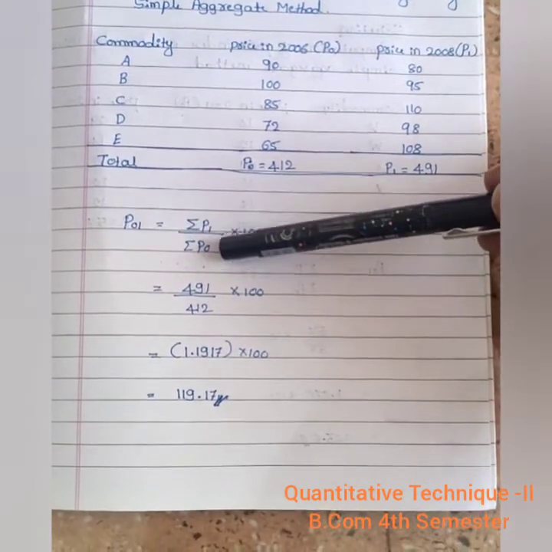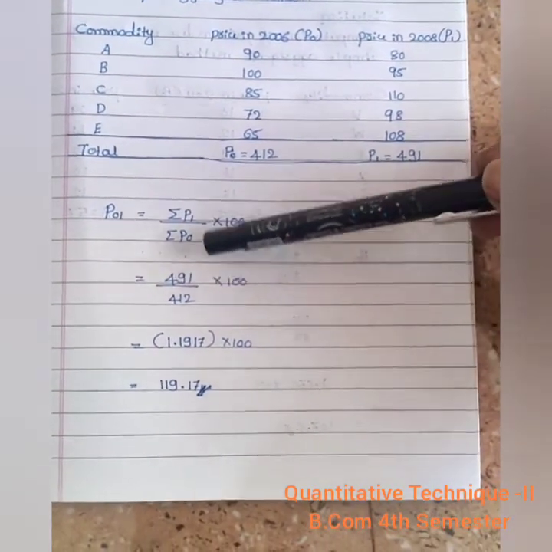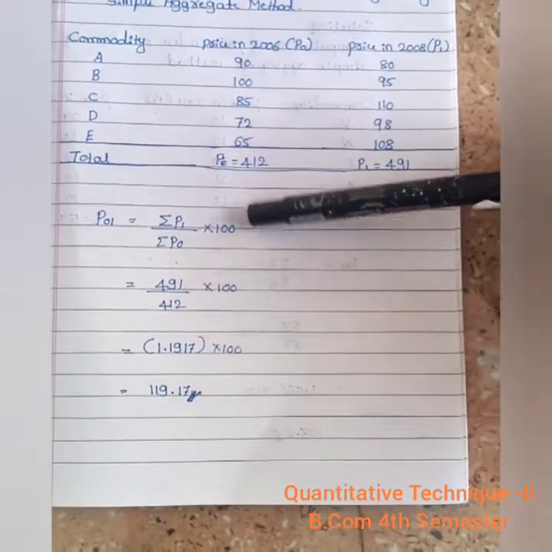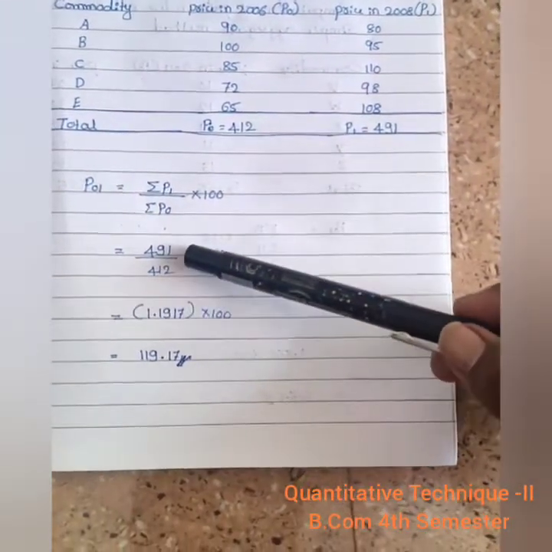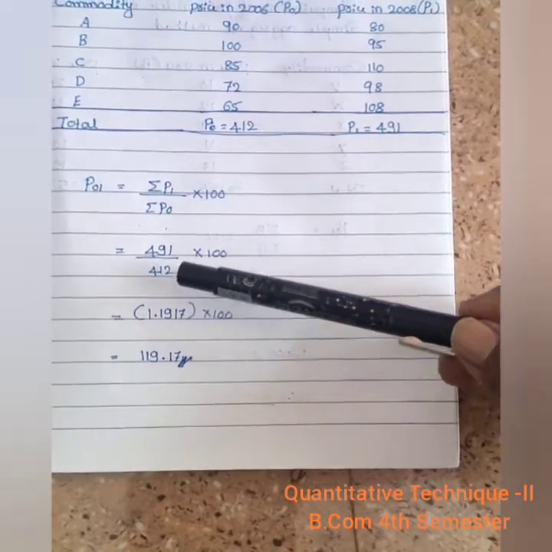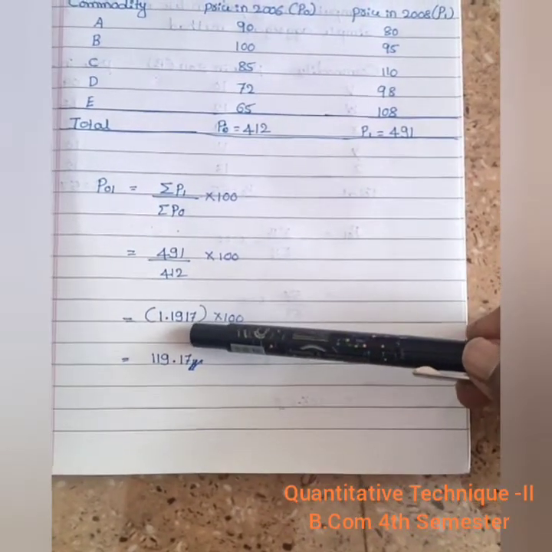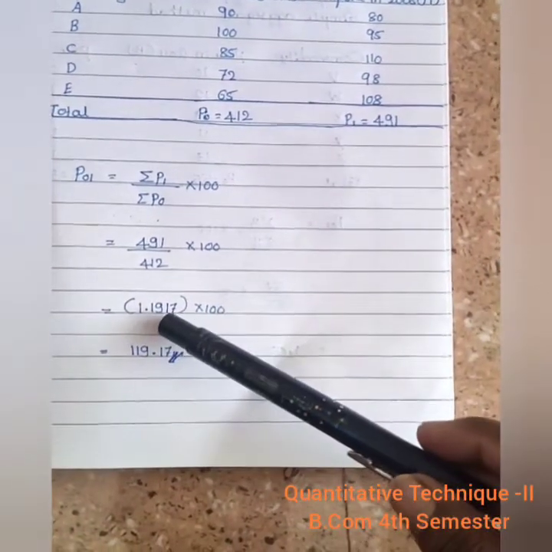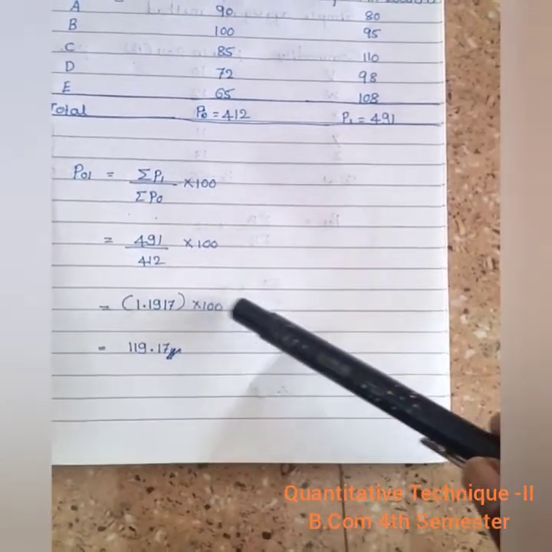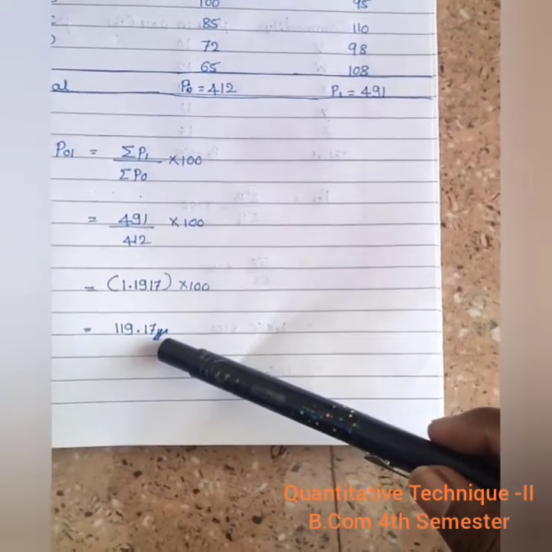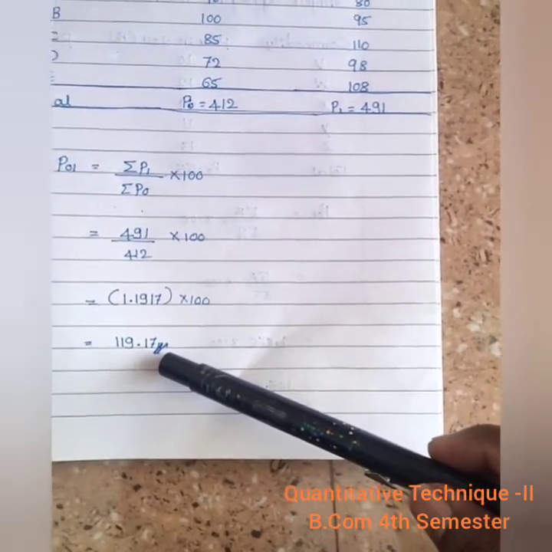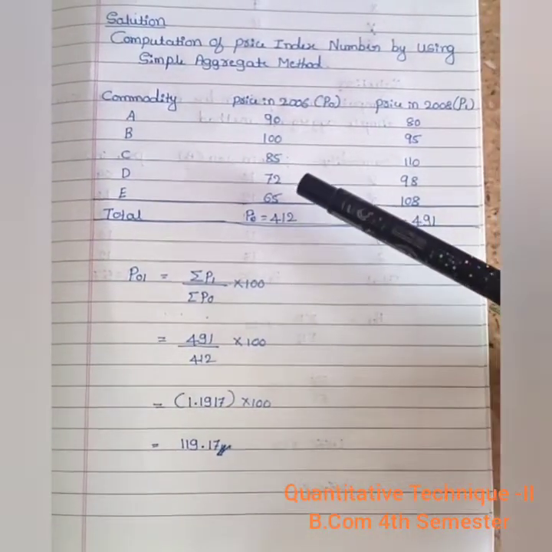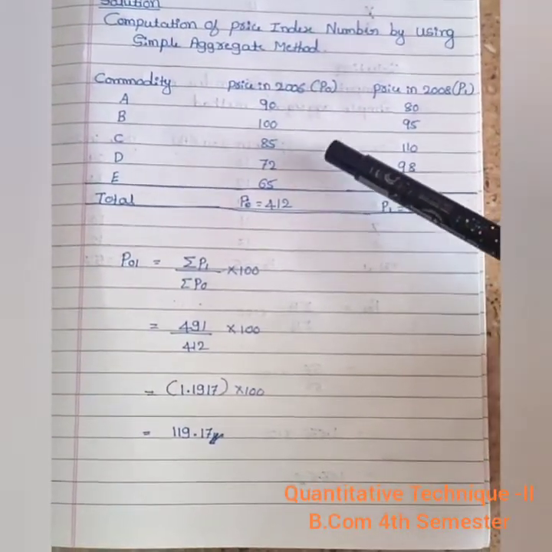So 491 divided by the P0 value, that is 412, into 100. 491 divided by 412 is 1.1917, into 100. Now 1.1917 into 100, the answer is 119.17. This is the answer for the simple aggregate method for this problem.